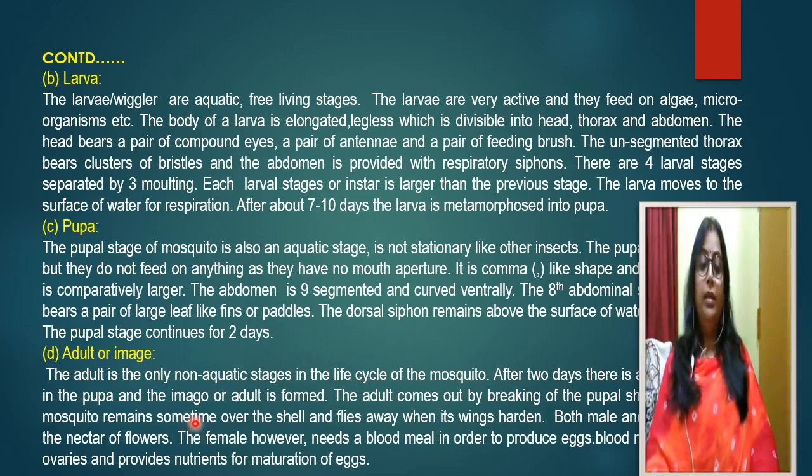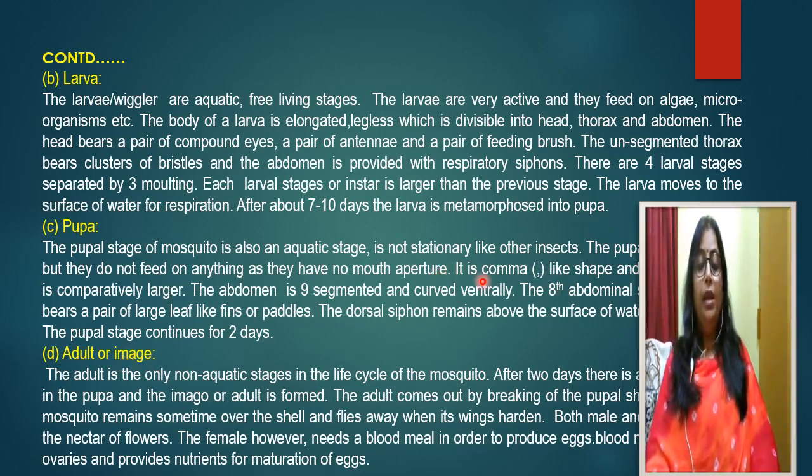The adult is the only non-aquatic stage of the life cycle of mosquito. After 2 days of pupation, the imago or adult is formed from the pupa. The adult comes out by breaking of the pupal shell.